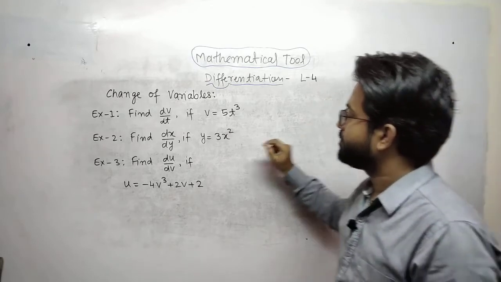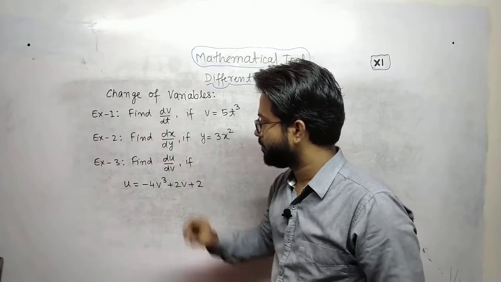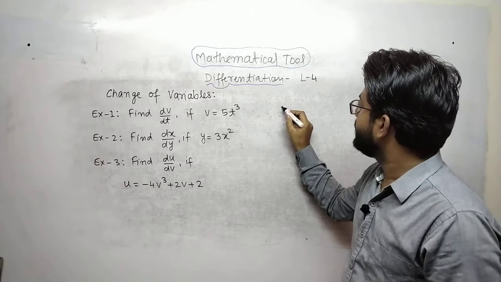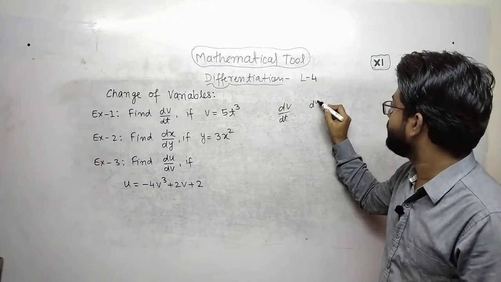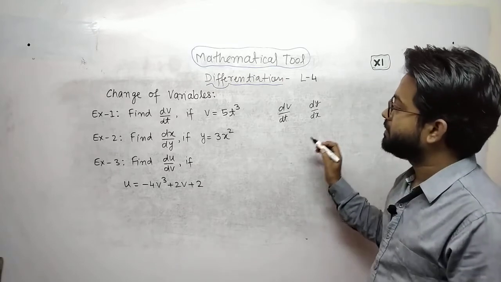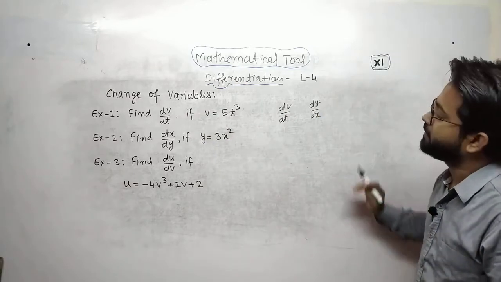Okay, first example, that is find dv upon dt, not dy upon dx. But dv upon dt is like dy upon dx.